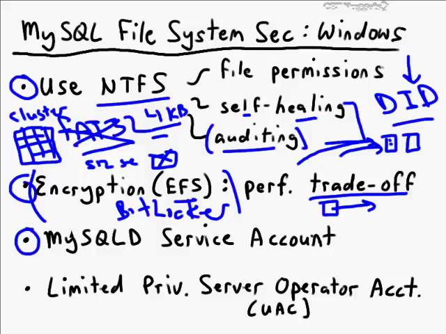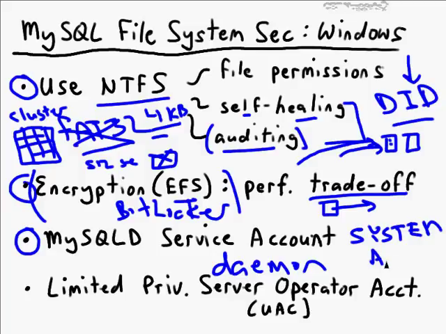All right. Next, we have the notion of service accounts. As I said before, in Unix and Linux we have the equivalent of the daemon. Now, the big deal here is under which OS account's privilege is your mysqld running. Is it the operating system itself, or system? Is it an administrator, or is it just a standard user?